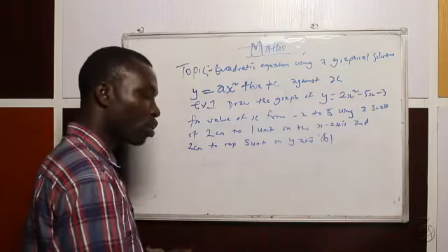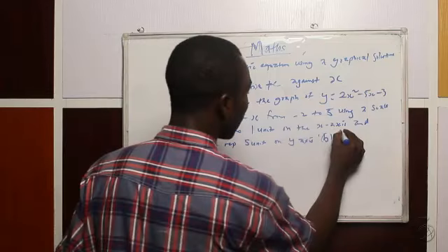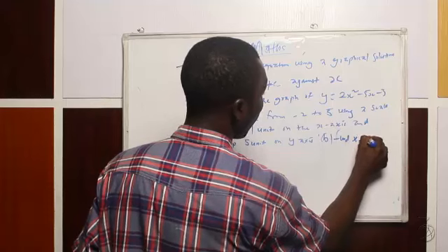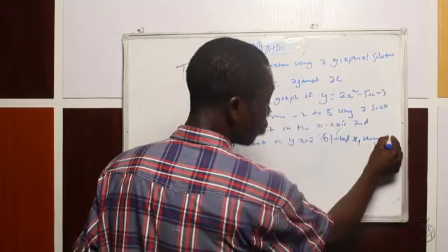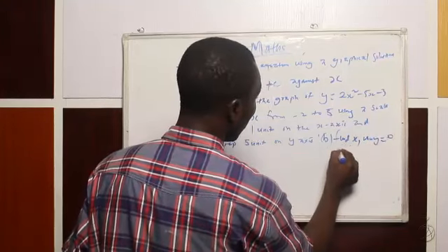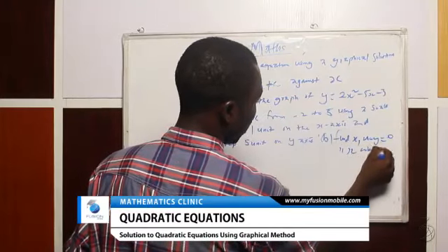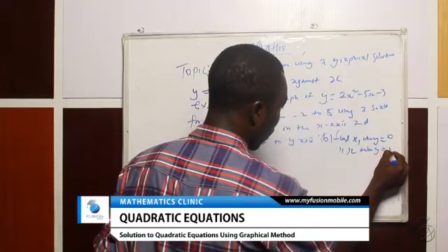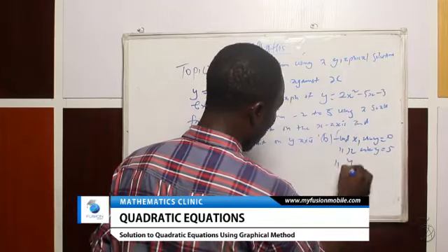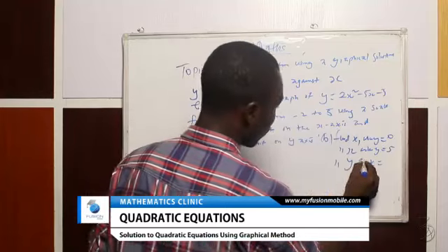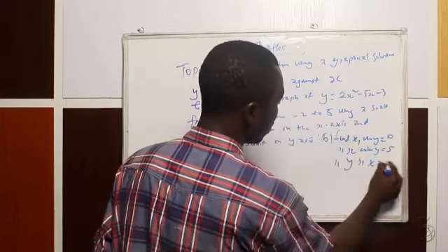Then the B part of the question stated that find x when y is equal to 0. Find x again when y is equal to 5. Then find y when x is equal to 0.